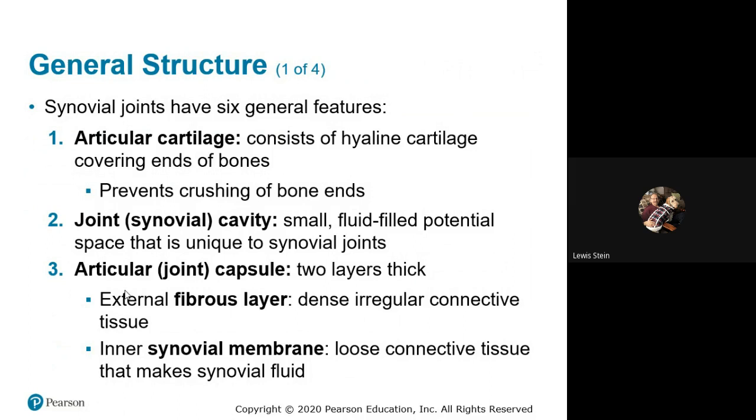So you have the external fibrous layer that gives it its strength, and its inner synovial membrane, which is loose connective tissue, and sitting upon it are the synovium or the synovial cells. Synovial cells are busy cells. If they end up with any tumor in there, by definition called a synovioma, it is always malignant.